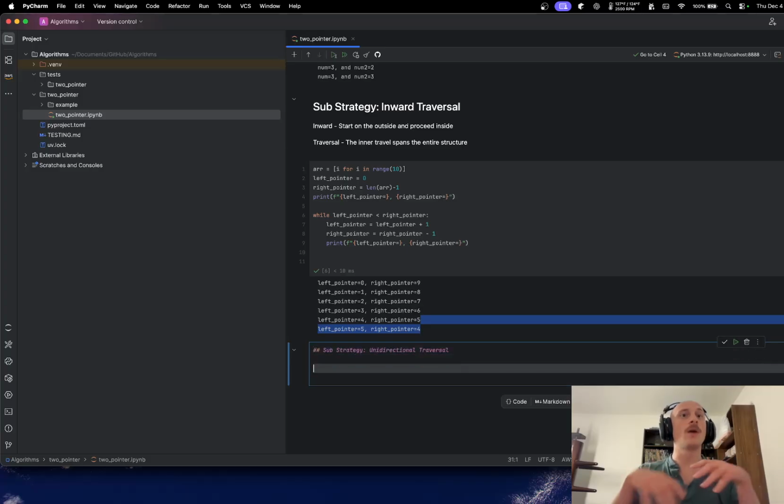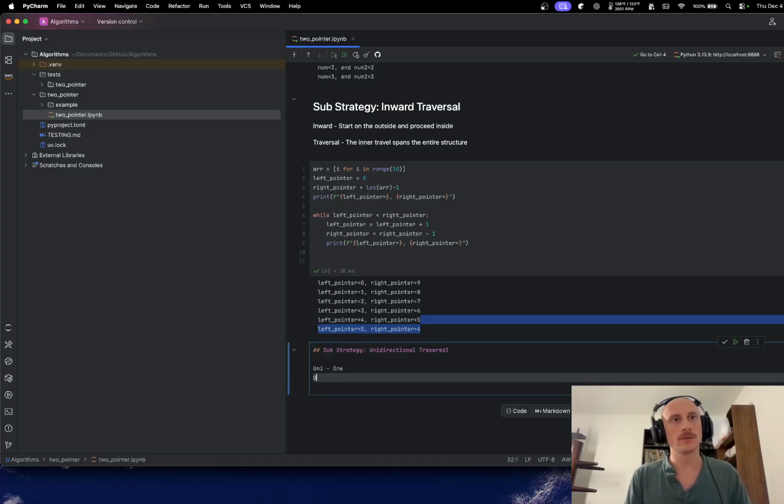Now, unidirectional: we have uni, which means one. Super fancy. Directional, direction, which is the way you go. Direction is pretty self-explanatory, so we're just going to leave it at direction.